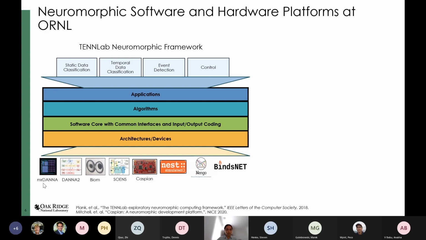What you see on the bottom left corner are the different developmental neuromorphic hardware that the neuromorphic group at UTK has been working on, and what you see on the bottom right side of this picture are the different open source neuromorphic simulators that have been published by different neuromorphic computing groups across the world.